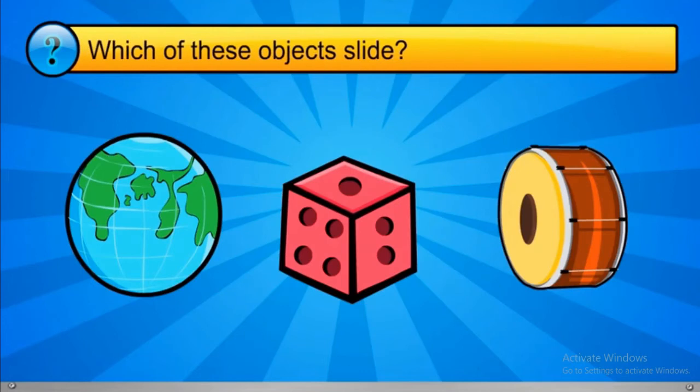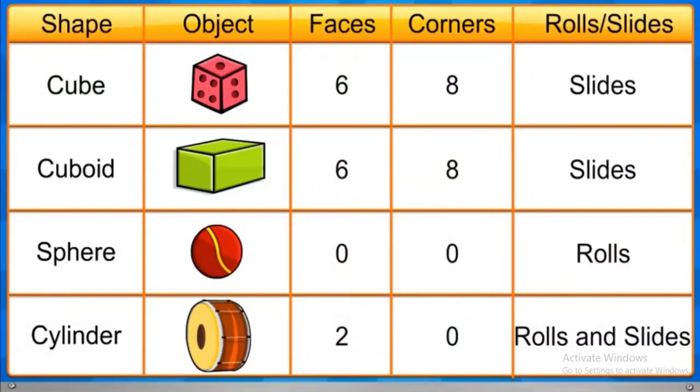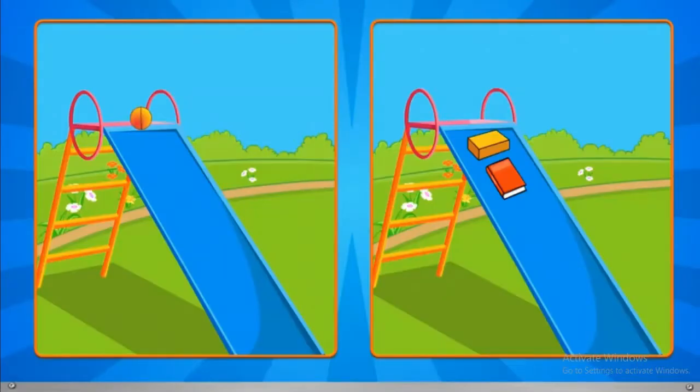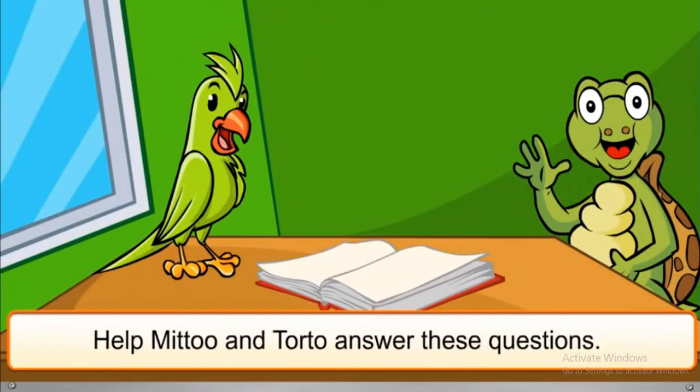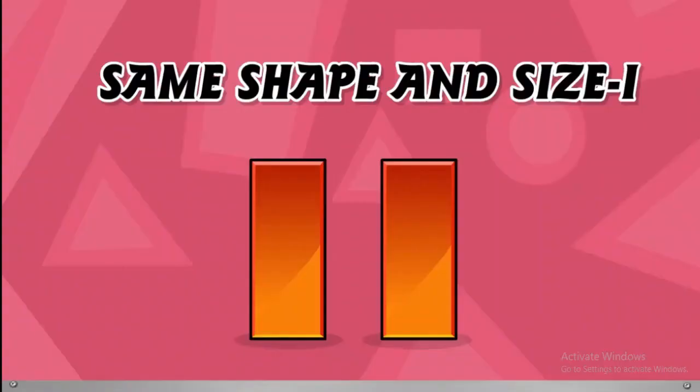Which of these objects slide? Now let's see if we can look at all these together. We can now say that rounded objects roll and flat-sided objects slide. Help Mittu and Torto answer these questions.